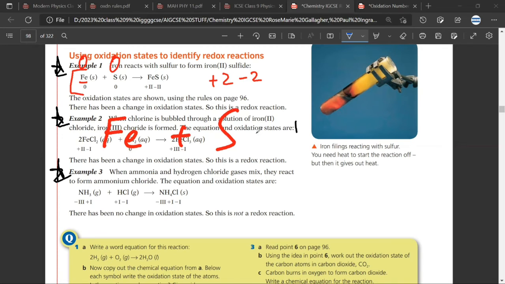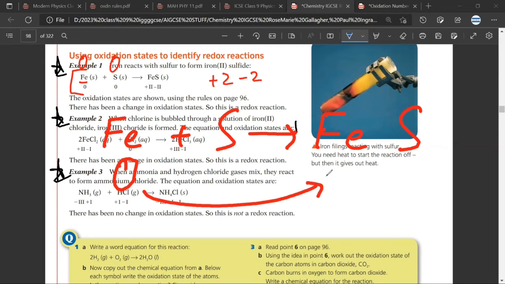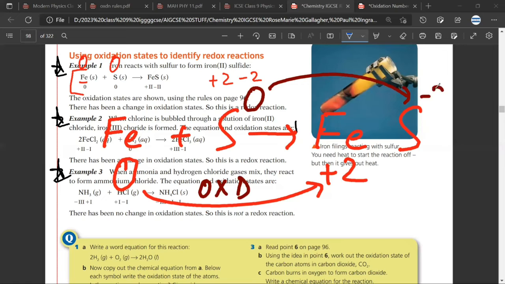Iron has gone from 0 to +2. Its oxidation number has increased, therefore it will undergo oxidation. If we look at sulfur, it has gone from 0 to -2. Its oxidation number has reduced. That is why it has undergone reduction. Any doubt, Chris? No, sir.